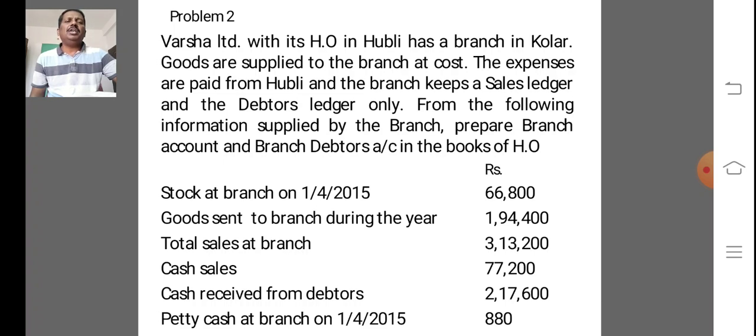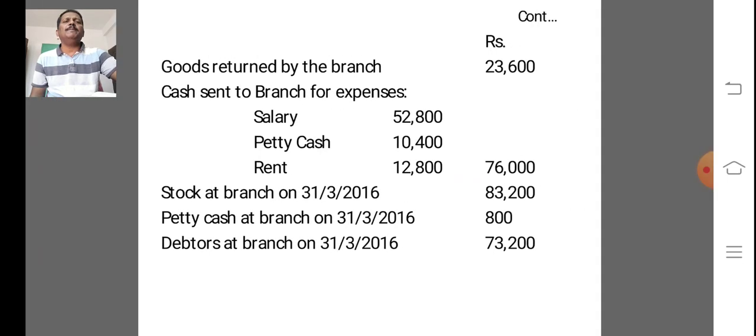Petty cash at branch on 1/4/2015 rupees 880. Goods returned by the branch rupees 23,600. Cash sent to branch for expenses: salary 52,800, petty cash 10,400, rent 12,800. Total cash sent to branch for expenses 76,000.